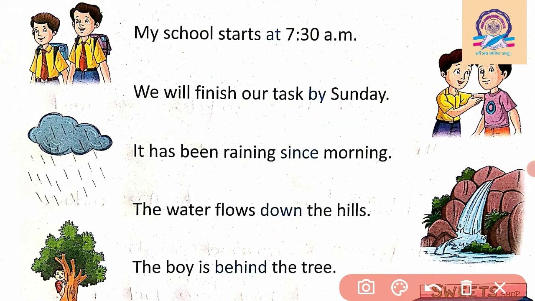It has been raining since morning. It means the rain is coming down, raining since morning. Since and for show a fixed point of time. The action is going on since morning; the task is going on since morning, and still now, at the time of speaking, the work is also going on.